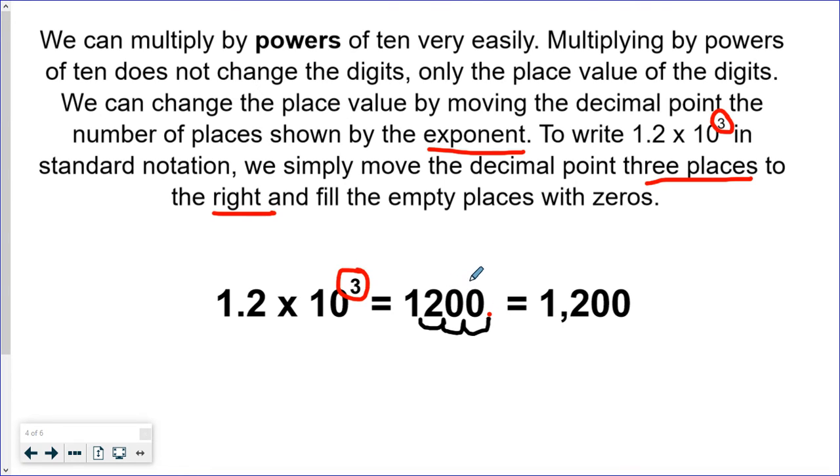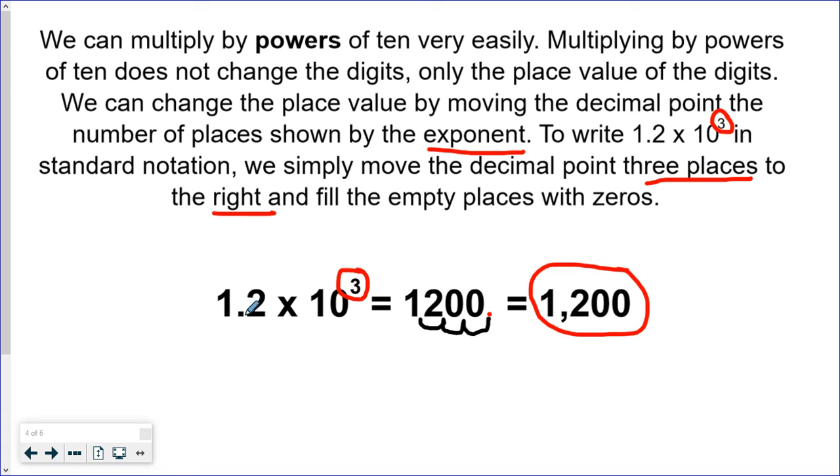And by doing so, there were 2 empty spots here. And in these 2 empty spots, I'm going to put a 0 here and a 0 there. So I put a 0 in each empty spot that's been created. And so by doing so, you should see now that my final answer in standard notation is going to be 1,200.